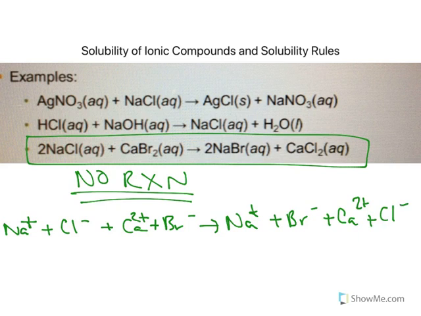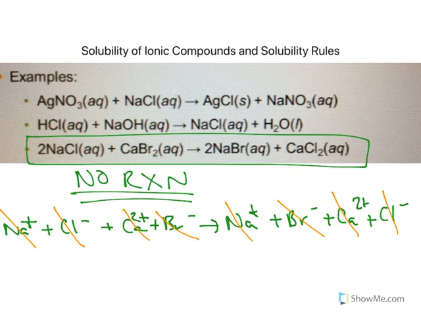And if you look, sodium, sodium, chlorine, chlorine, calcium, calcium, bromine, bromine, nothing happened. So that's why that's called no reaction. It doesn't form a solid precipitate, and it doesn't form liquid water.